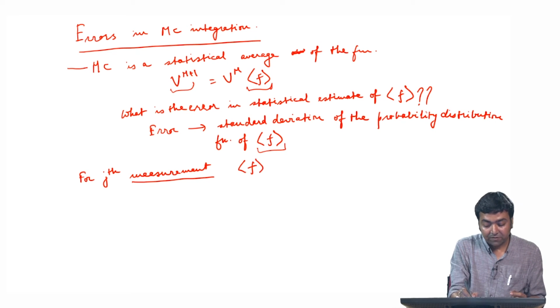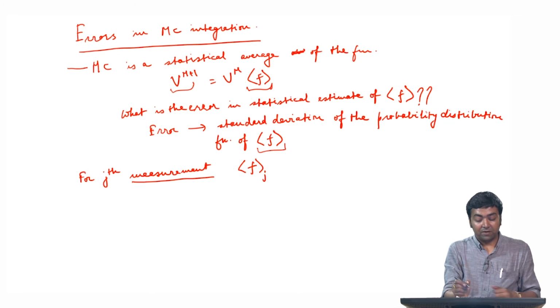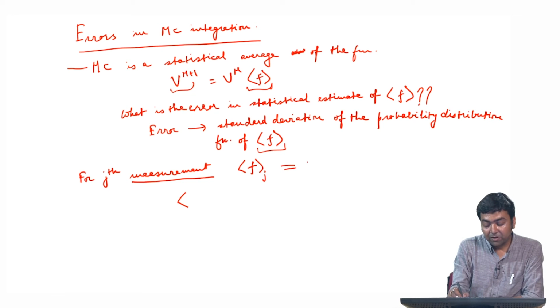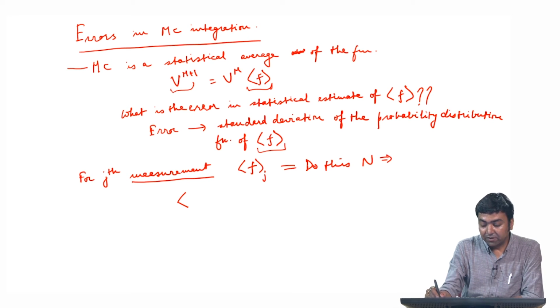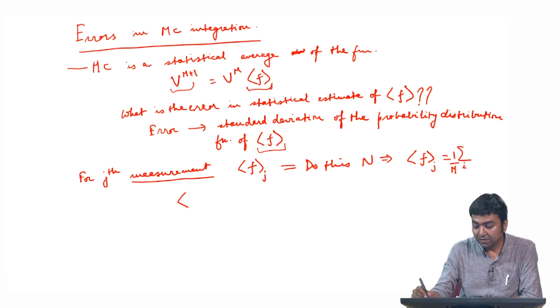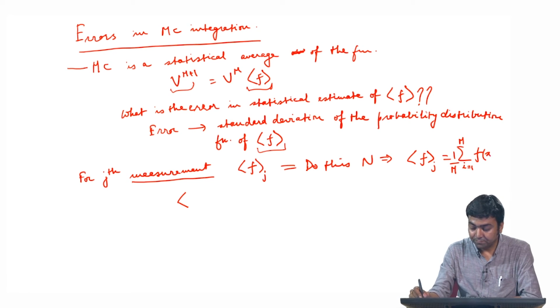So, this is what I mean for the jth measurement of the f. Say if I do this measurement n number of times, what it means is my f_j is basically equal to 1 by m sum over i equals 1 to m of f(x_i), and this is for the jth measurement.